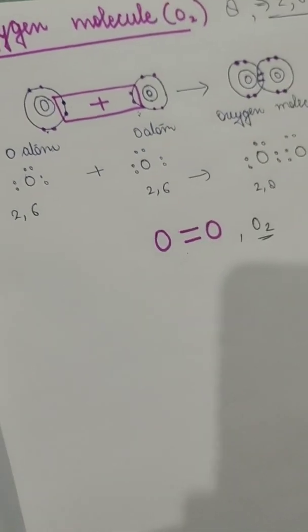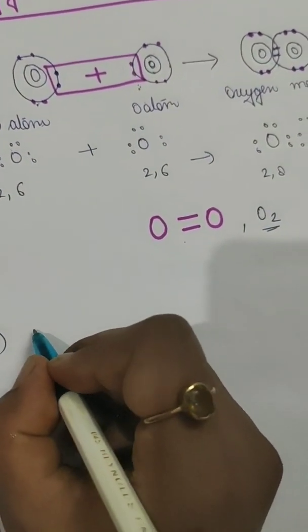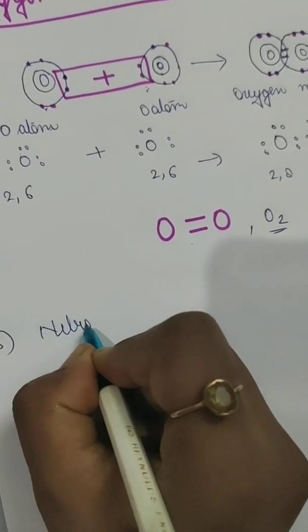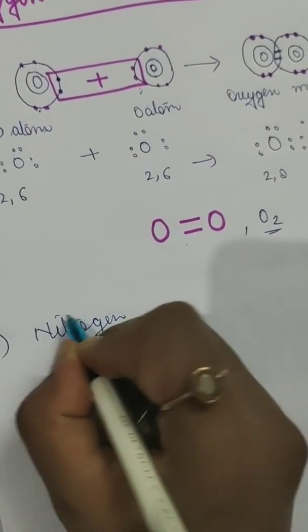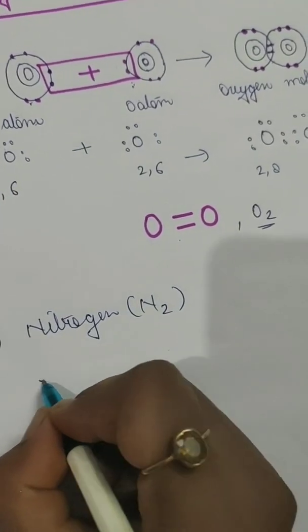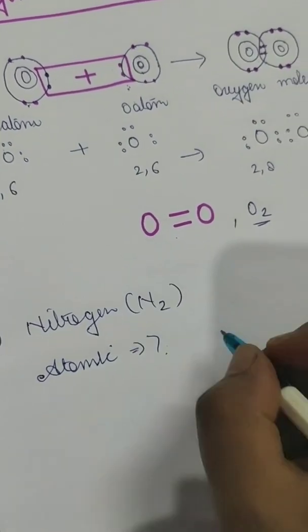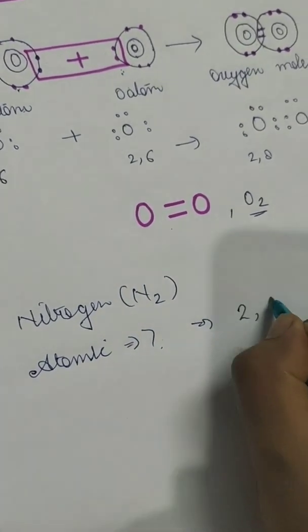Now after this we come to the next example, the example of nitrogen gas. Nitrogen, that is N2, has atomic number 7, and the configuration is 2 and 5.